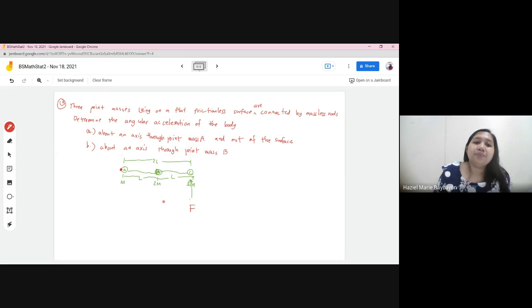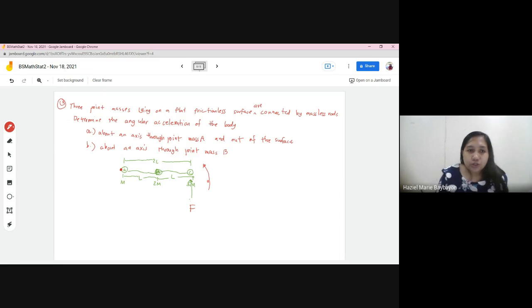So, this is now our whole system. Okay, can you imagine it? So, through here, it can rotate. Since our force is pointing this way, most likely it is rotating counterclockwise.